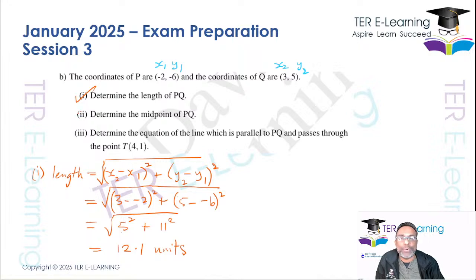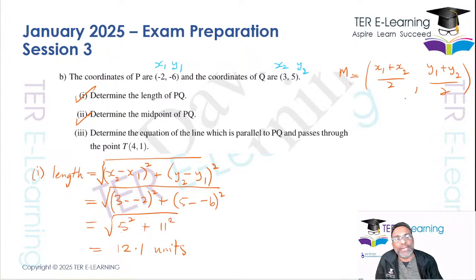Now I didn't do a question yesterday on midpoint. So if you want to find the midpoint, guys, there's a formula for midpoint. Again, this is not on your formula sheet. So the midpoint formula is this: x1 plus x2, all over 2, comma, y1 plus y2, all over 2.